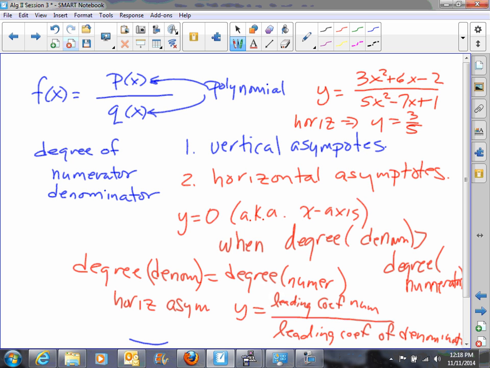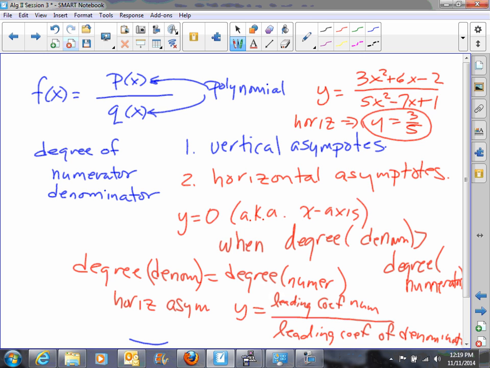See, the degree of the numerator is 2, the degree of the denominator is 2. The leading coefficient, in other words, the coefficient of the term that has the highest degree in the numerator is 3, and the term that has the highest degree in the denominator is 5x squared, and its coefficient is 5. So the horizontal asymptote would be y is equal to 3/5.